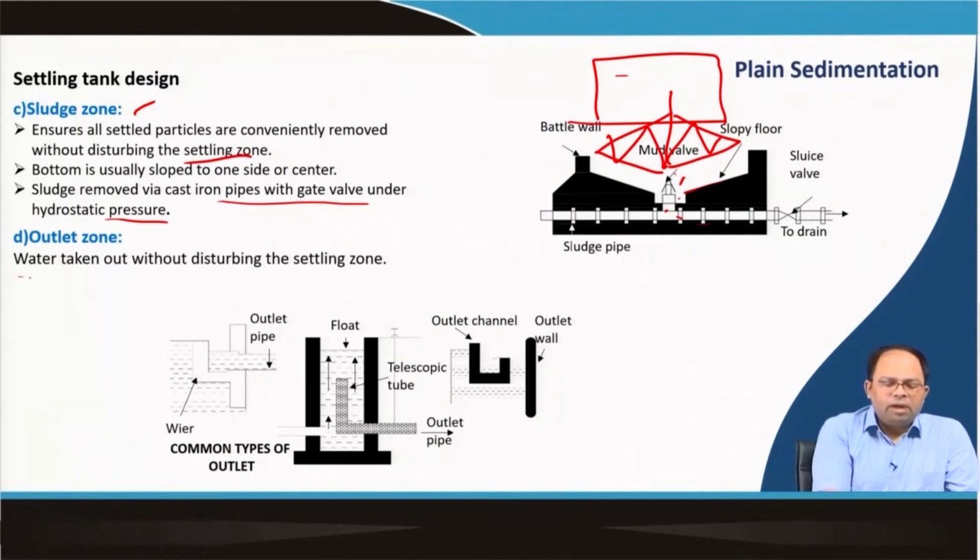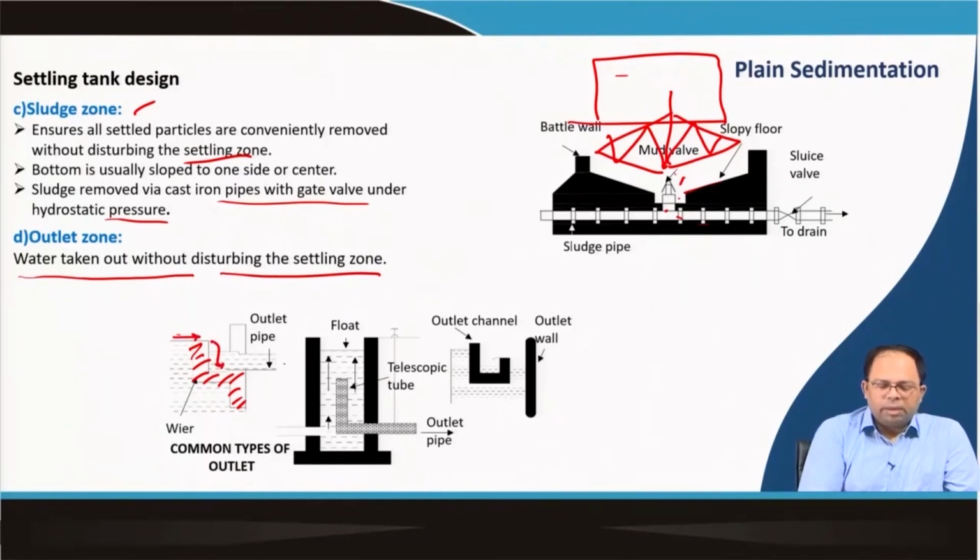And then we have our outlet zone, that means the water that is treated at the top, we take it out via the outlet, again without disturbing the settling zone. These are some of the designs of the outlet. This is the wall, and this is how the excess water comes over the wall and falls into this outlet pipe and then goes out.